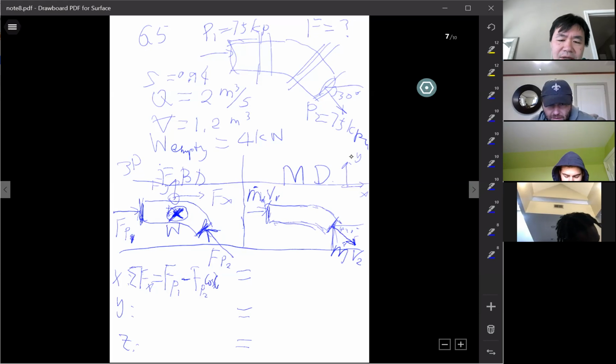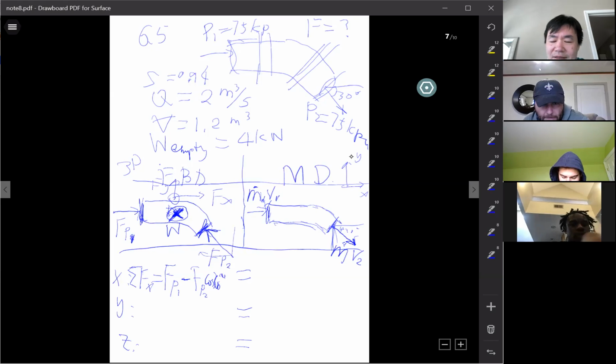Cosine 30 degrees, right? Look at what I'm drawing on the free body diagram. You basically translate the free body diagram into equations. You have FP1, correct. FP2 you put a negative sign because it is in the opposite direction, times cosine 30 degrees. It's a component, right?